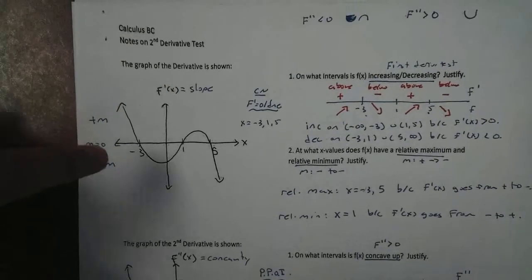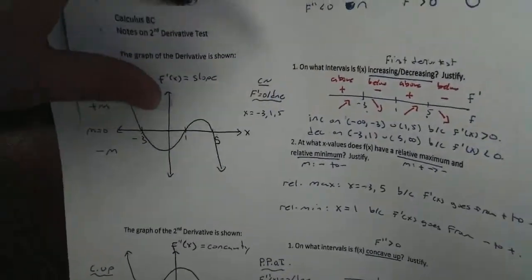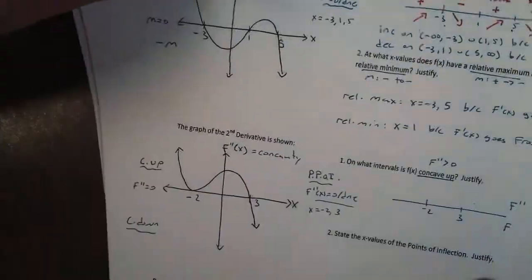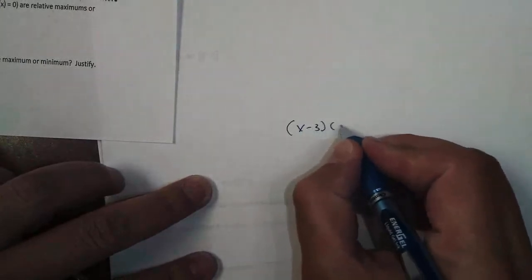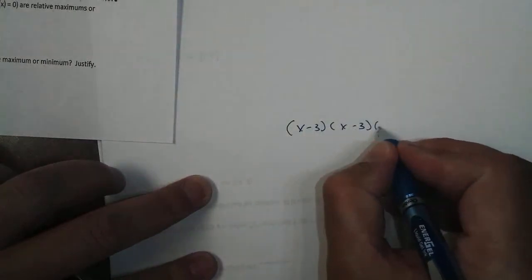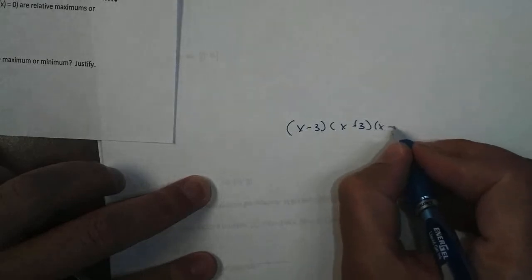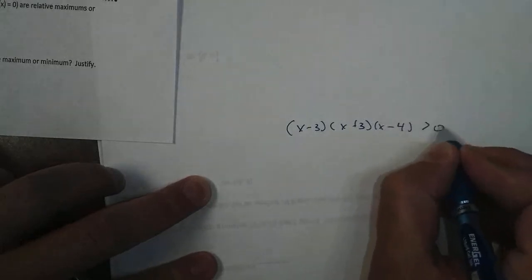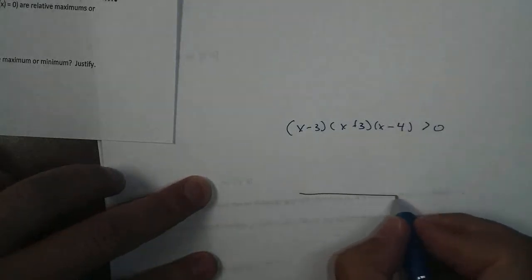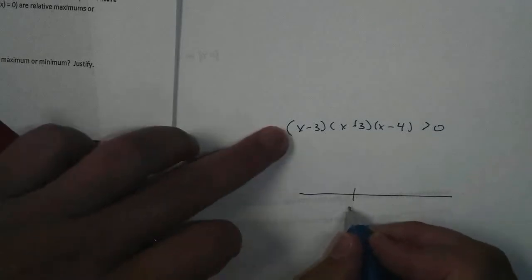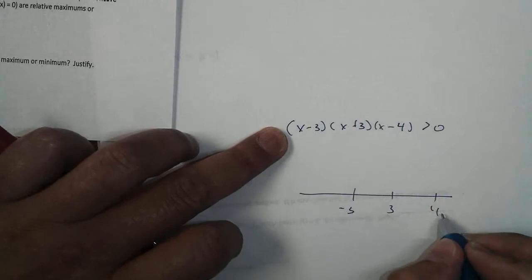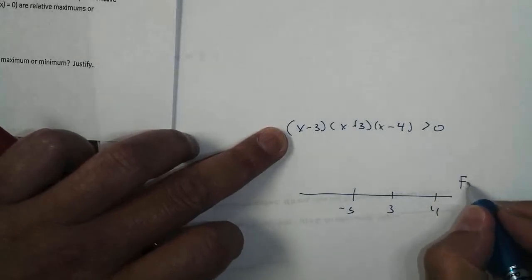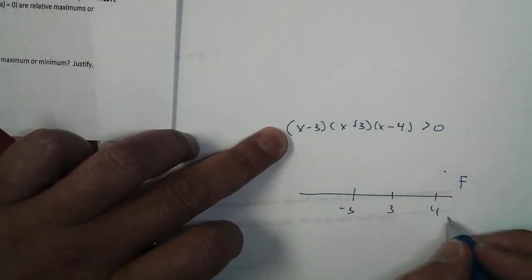It's even true, like remember back in the early days of when you learned how to graph polynomial functions, where you did polynomial inequalities in pre-cal? Say x plus 3, times x minus 3, times x minus 4. You want to find out whether that's greater than or equal to 0. You would do a sign chart, and you would do the same thing. -3, 3, and 4. Is the function above or below?